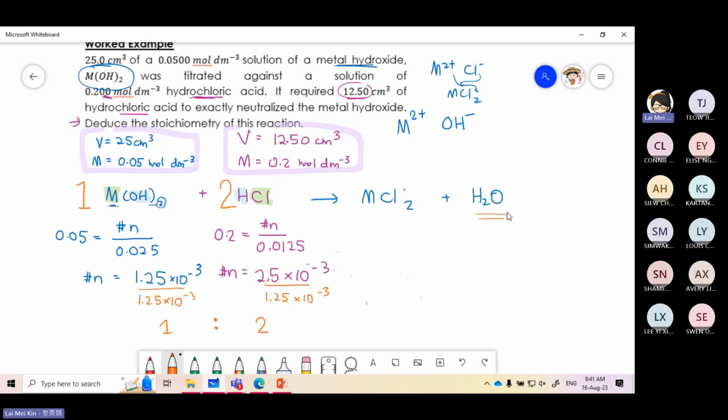Yes, I think the water you need to balance 2. So 4 hydrogen atoms, 2 oxygen, 1 metal, 2 chlorine. So this is deducing: you always find the number of mole, find the ratio, put into the chemical reaction formula.